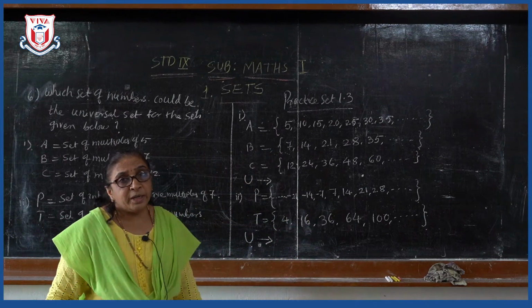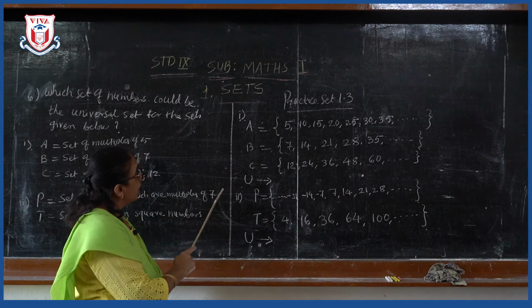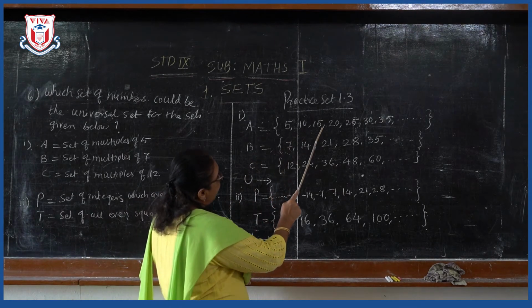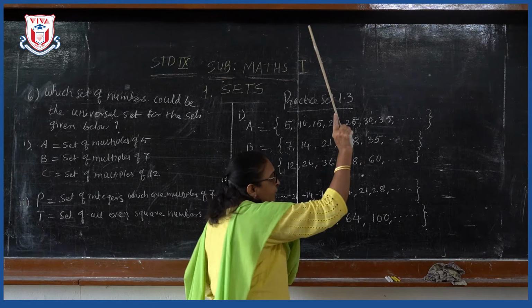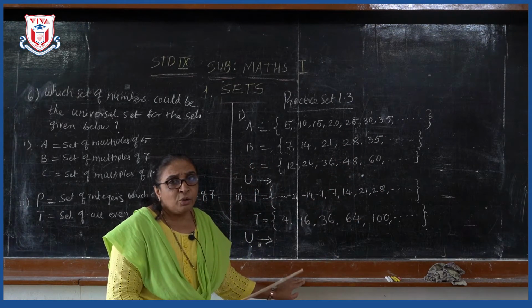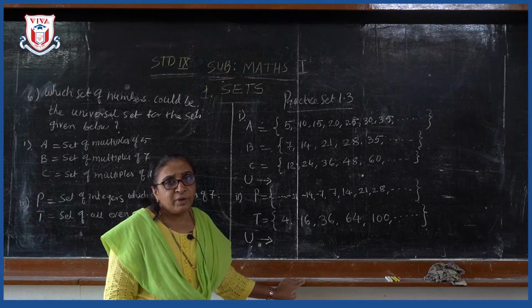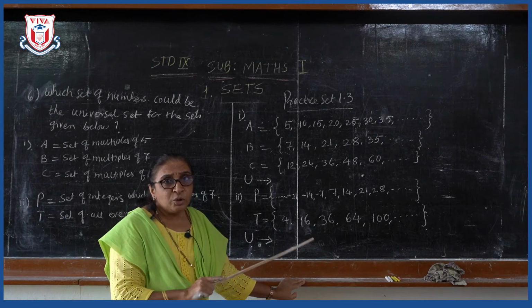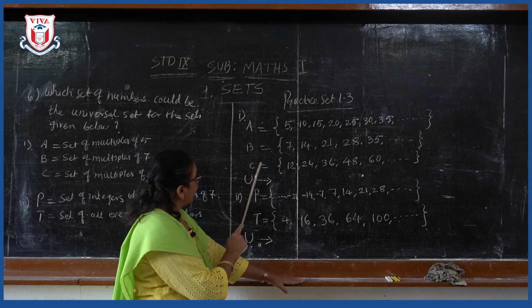So you know what multiples means? Multiples of 5 means 5, 10, 15, 20 and so on. It is an infinite set because there is no condition where this set will end. So there is no ending.